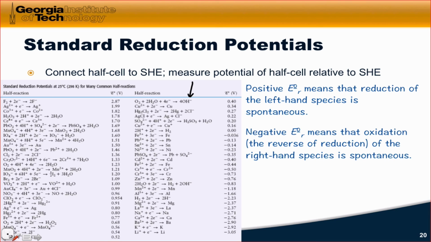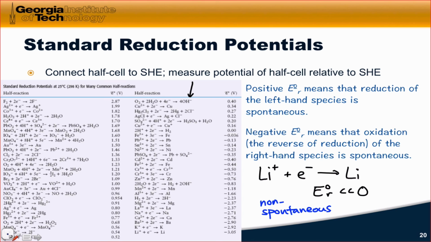On the other end of the electrochemical series, we've got Li+ accepting an electron to form lithium metal. And what the very negative reduction potential for this half cell shows us is that, in fact, this reaction as written is non-spontaneous relative to the standard hydrogen electrode. When you hook up a Li+ half cell to the standard hydrogen electrode, in fact, this reaction wants to go in the other direction.